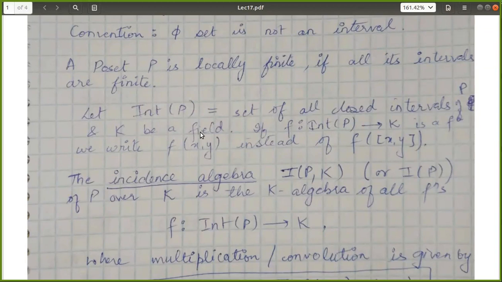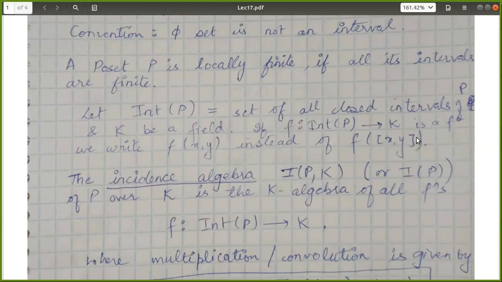And if K is any field, then you define f from Int P to K as a function. Since it's Int P, the element here is an interval, so it should be written as f of round bracket, inside that a closed bracket [x,y].